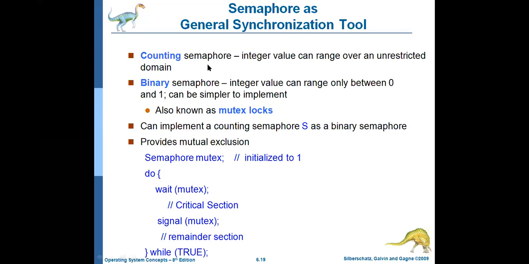Counting semaphore means the integer value can range over an unrestricted domain. The binary semaphore values are either 0 or 1, but in the case of a counting semaphore, there is no restriction. Any integer value we can set to the semaphore value.